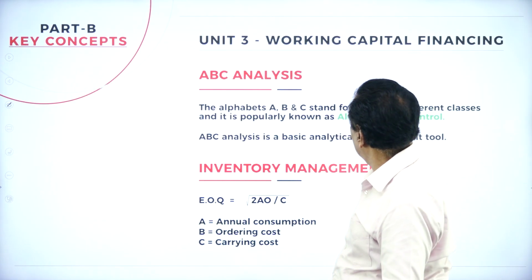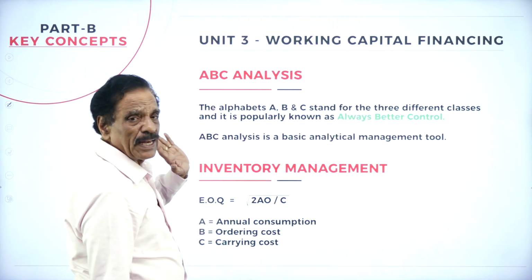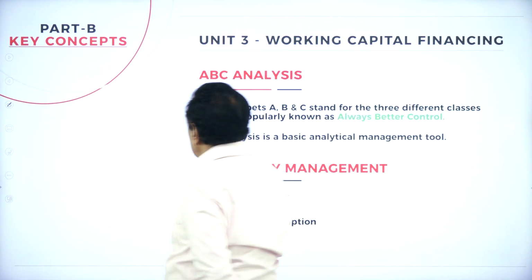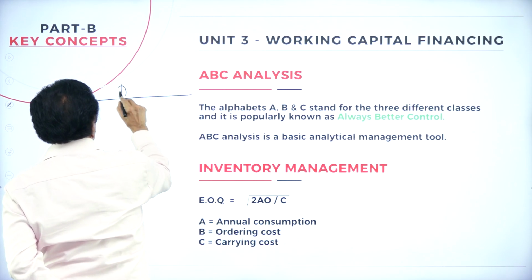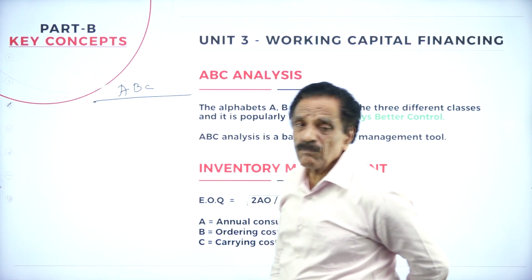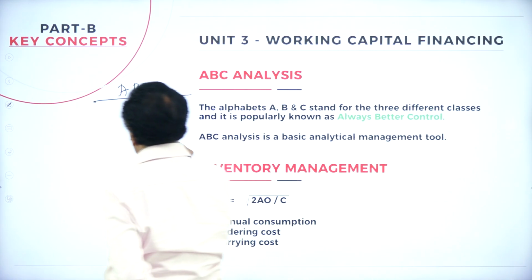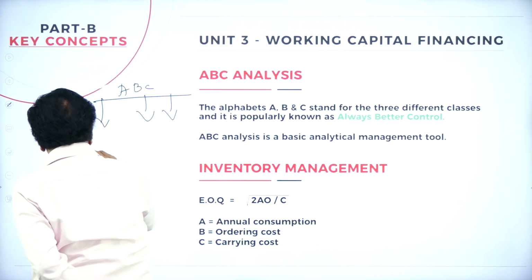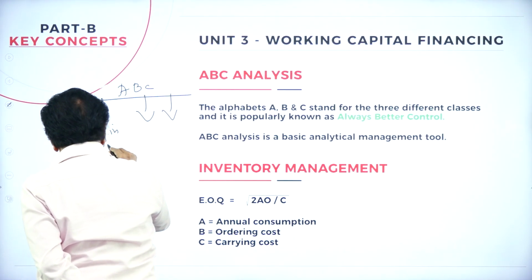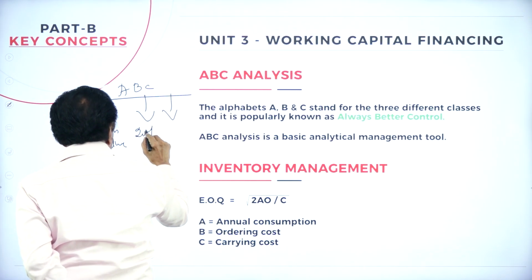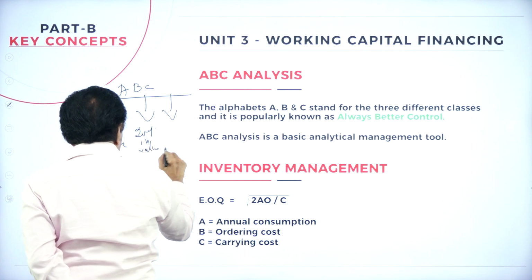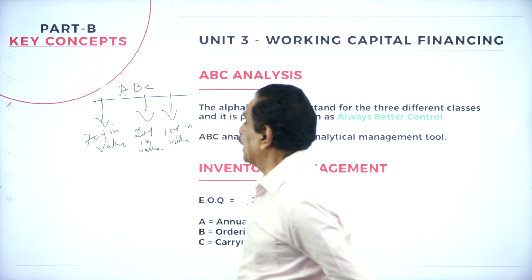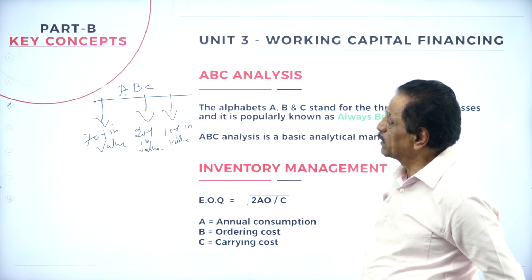Then after that, working capital, ABC analysis. You divide the entire set of articles into 3 groups: A, B, C. What is ABC? Always Better Control. We have got A, B and C. A is 70% in value, B is 20% in value, C is 10% in value.